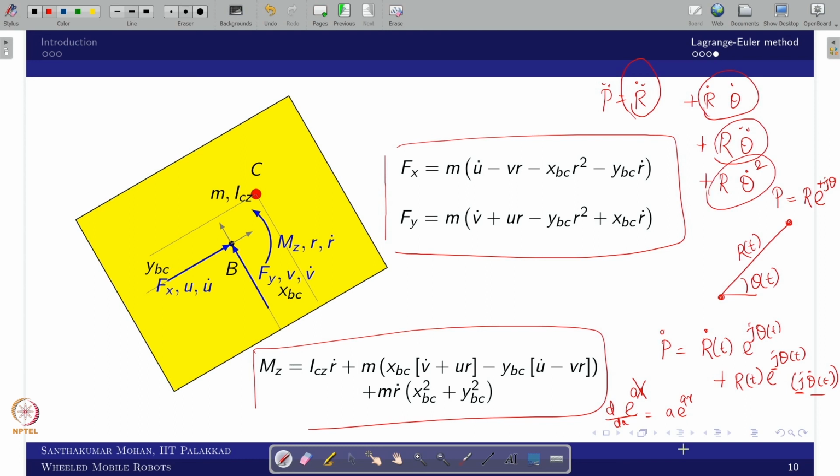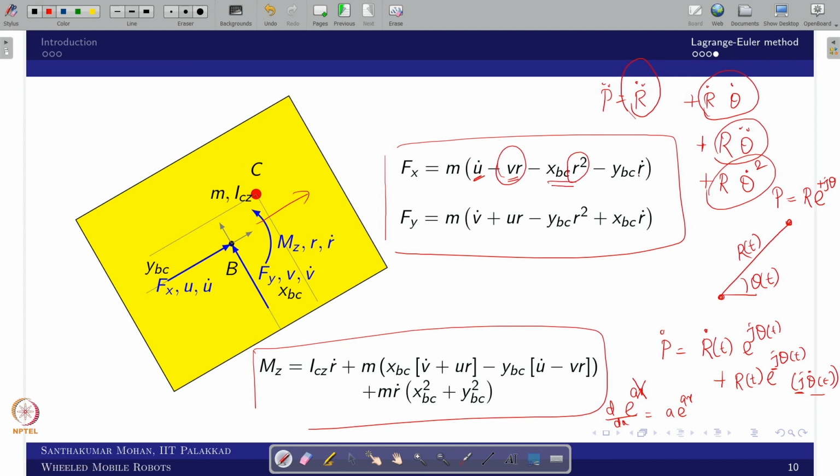Whether you are getting all the components in the Fx component or not, you can see. This is along that direction, that is nothing but the slip acceleration. And this is the tangential velocity, in the sense the longitudinal velocity multiplied with the angular velocity, which is nothing but the Coriolis component. And here you can see R squared, so this is the radial component.